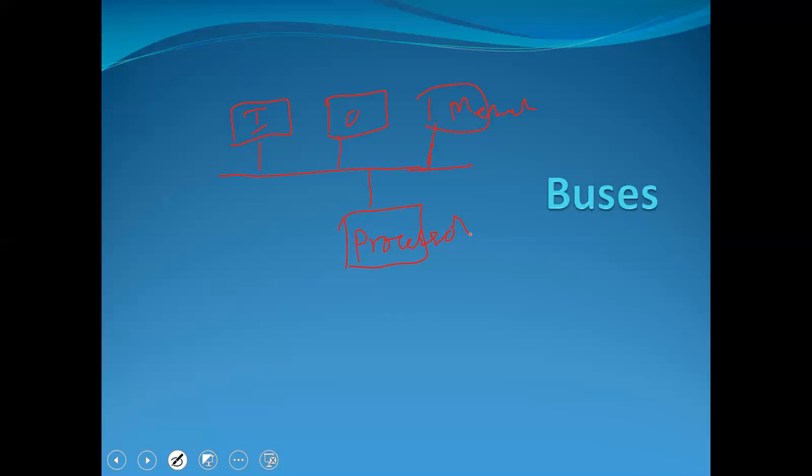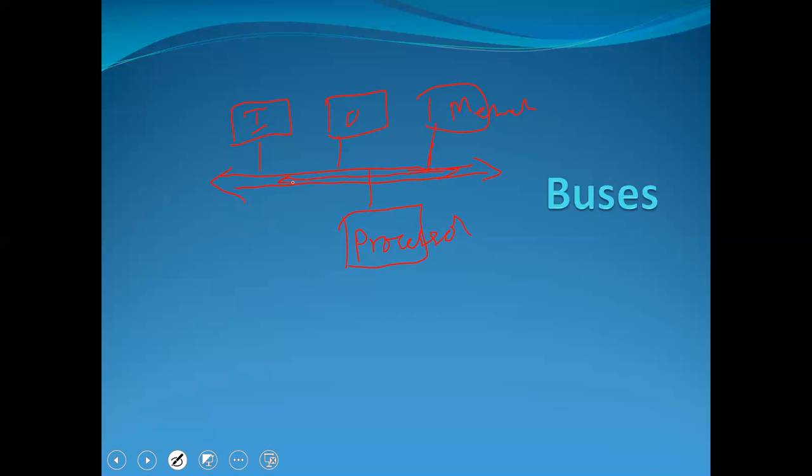Okay, so bus is a set of wires which carries the information. In daily life we see buses, a vehicle which carries people from one place to another, transporting the people. Here the bus in the system is transporting the data and the signals.